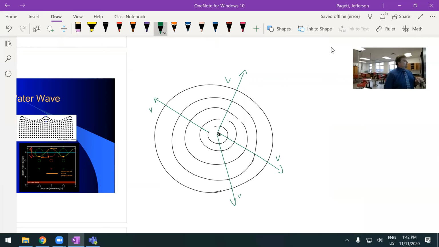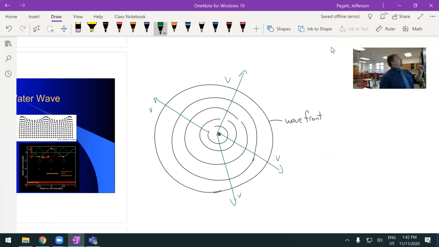I'm not going to put them all in, but this velocity of motion is always perpendicular to the wavefront. These black lines are the wavefronts, and these green lines are showing the direction of the velocity.